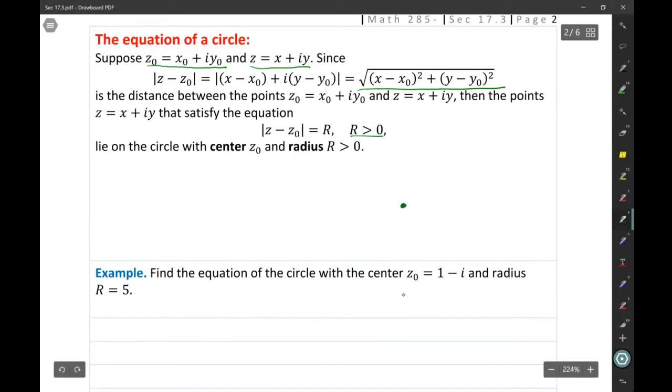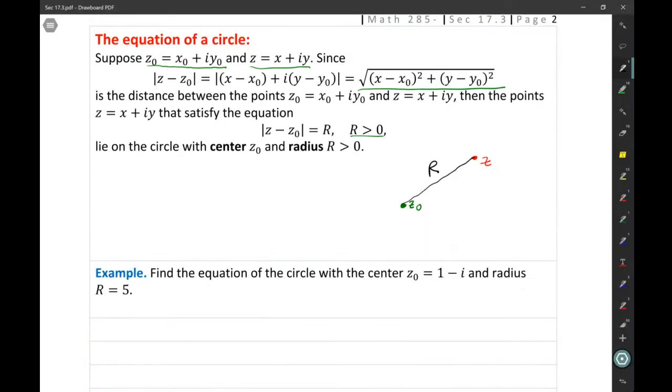In case I have this complex number here, z naught, the distance between z naught and this complex number here, z, this distance is r. It is equal r.